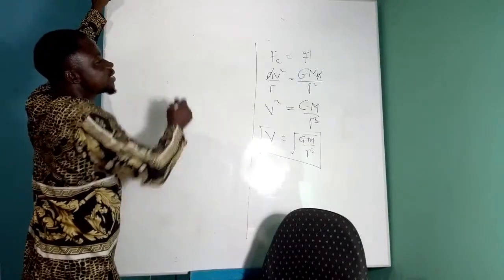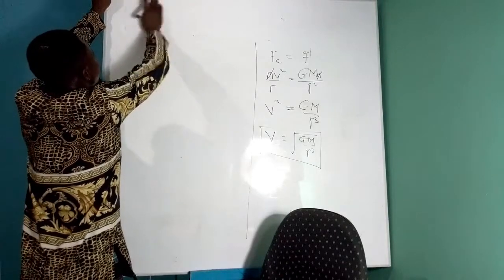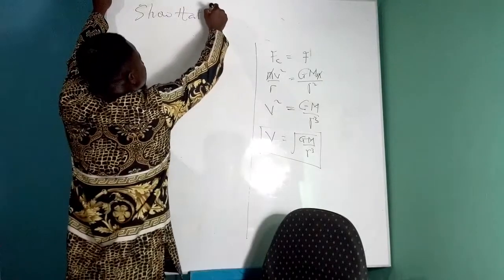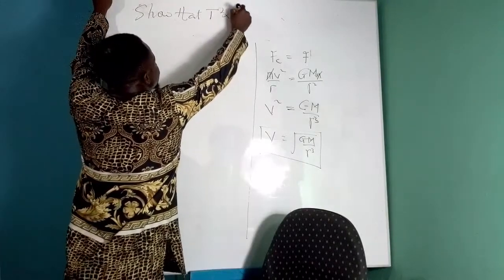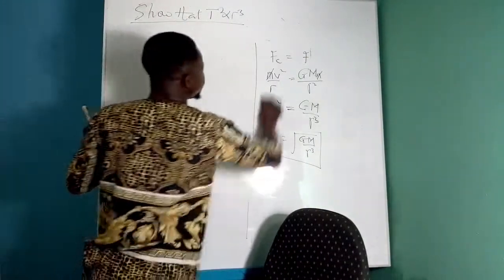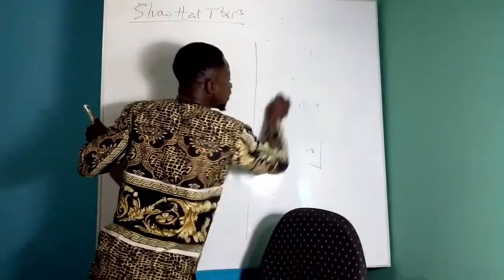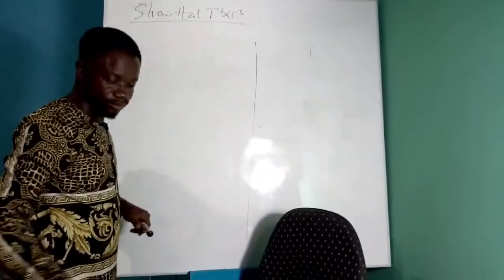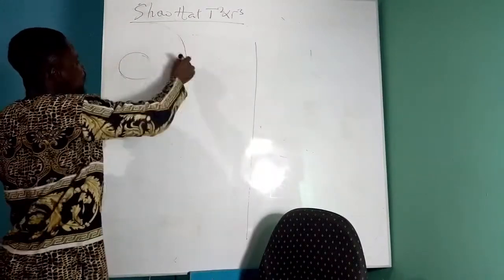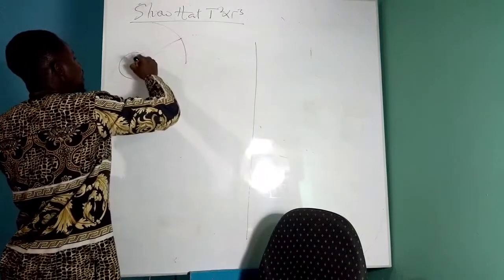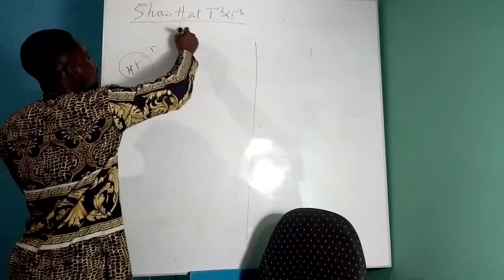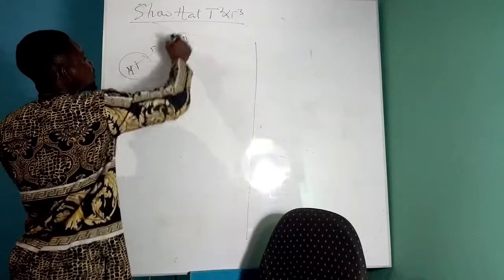So let's do this. We want to show that T squared is proportional to r cubed. We want to prove this relation, which we call Kepler's Third Law. To do this, let me make a rough sketch so that you can picture it. Let r be the distance from here to here. Let M be the mass of the sun. Let small m be the mass of the planet.